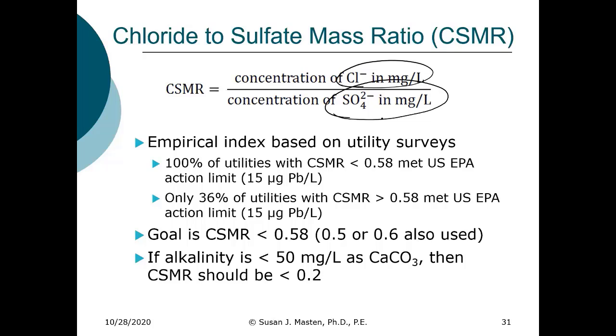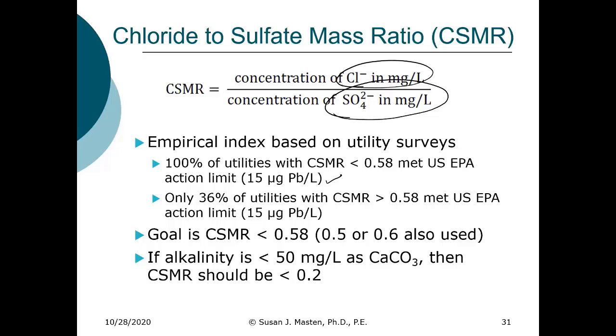And based on an empirical survey of a large number of utilities, what they found was that 100% of utilities that had a CSMR less than 0.58 met this action limit of 15 micrograms of lead per liter.